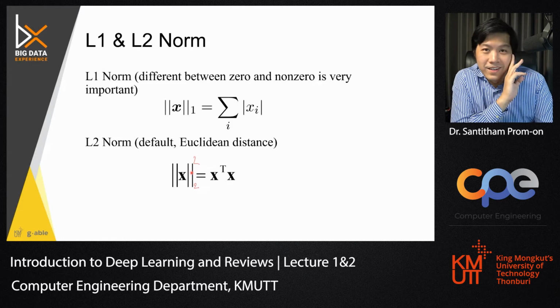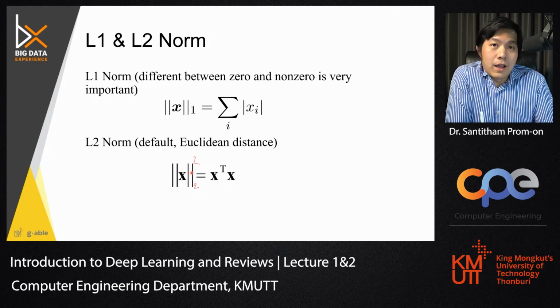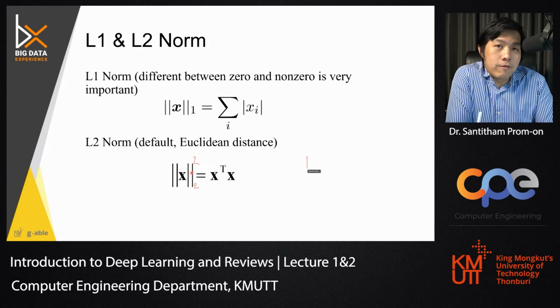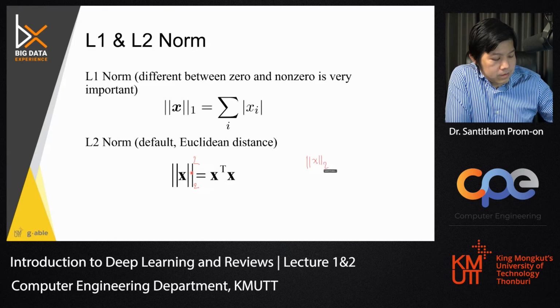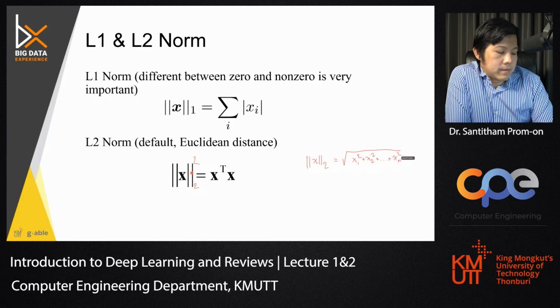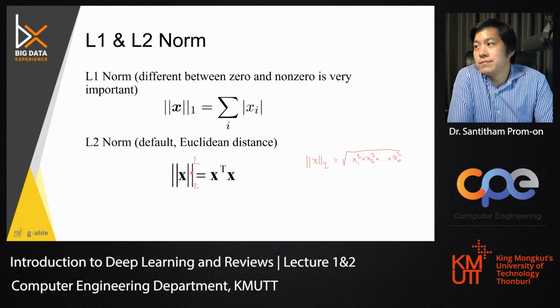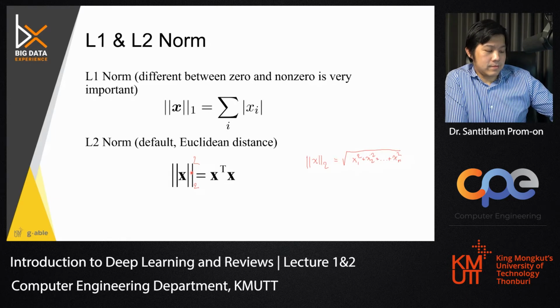To be correct, the L2 norm will be the square root of x1 squared plus x2 squared plus dot dot dot plus xn squared. So the dot product between them would be the square of the norm, right? This is the L2 norm.